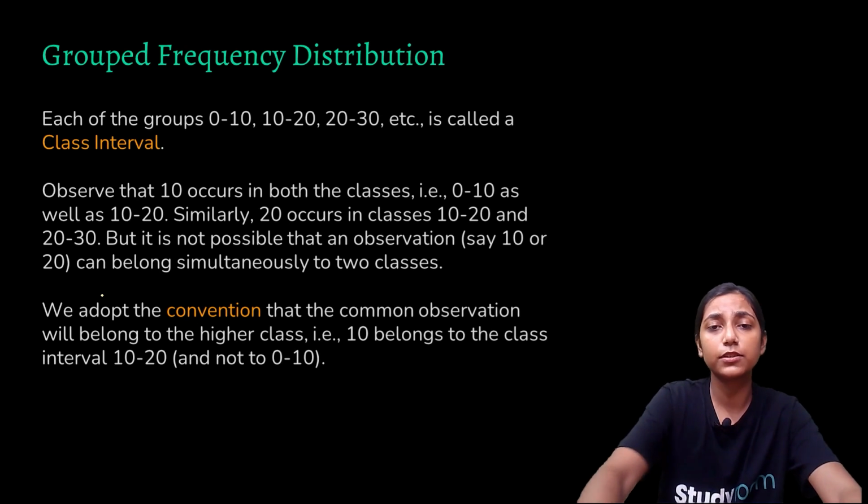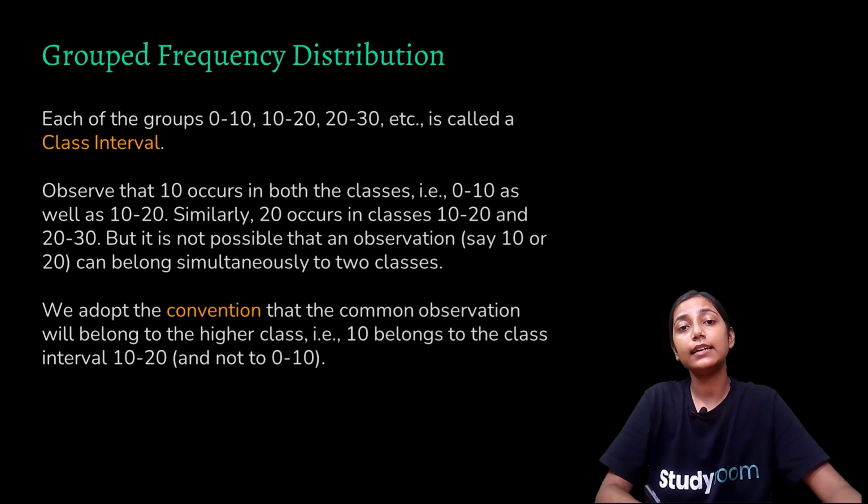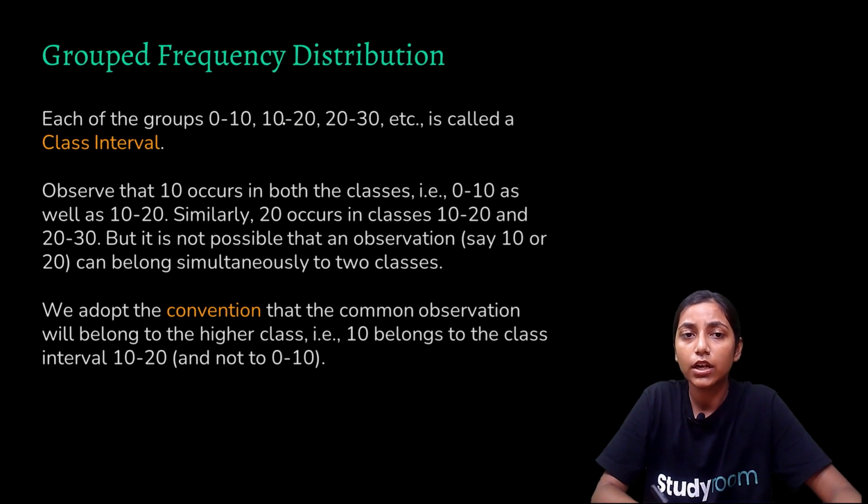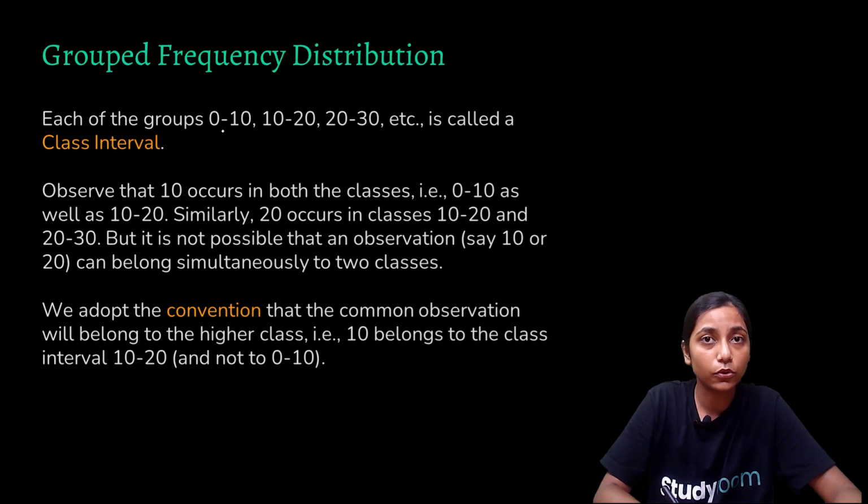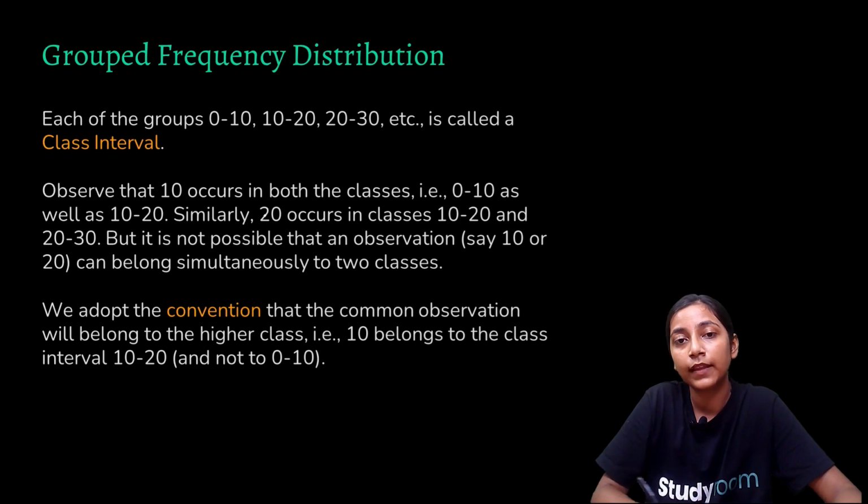And we can again observe that these groups are like 0 to 10, then 10 to 20, then 20 to 30. So 10 is occurring both in classes 0 to 10 as well as in 10 to 20. Similarly, 20 occurs in 10 to 20 as well as 20 to 30. But it is not possible that an observation, say 10 or 20, can belong simultaneously to two classes.